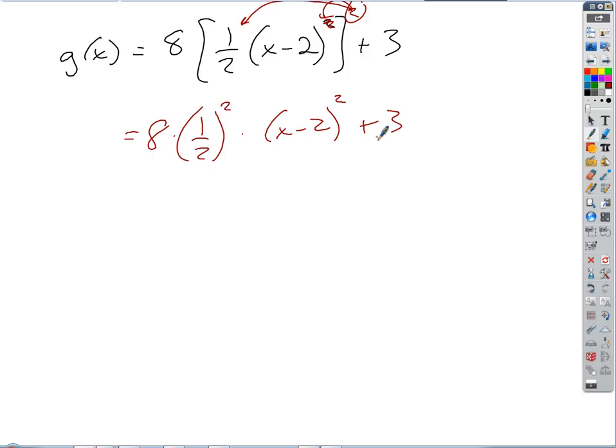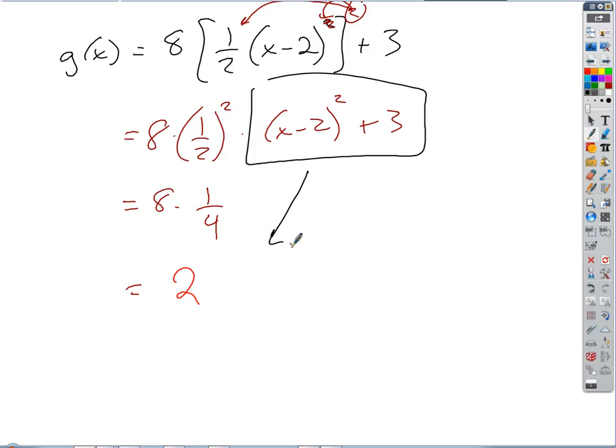So that's 1/4. So this just becomes 8 times 1/4, which is 2. Aha. So we can write that thing out front as a 2, and all the other stuff we didn't change, so that just becomes x minus 2 squared plus 3.